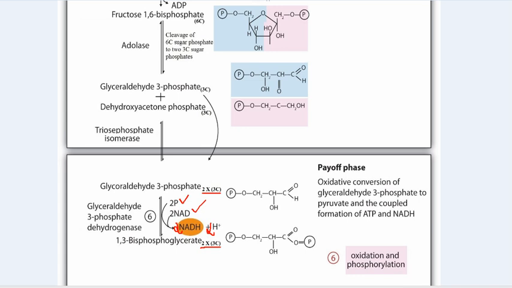1,3-biphosphoglycerate means 1,3-biphosphoglyceric acid in different words, 1,3-BPGA. If anyone among you remembers something, please try to remember photosynthesis. Photosynthesis was a job of reduction to make food, to make glucose.